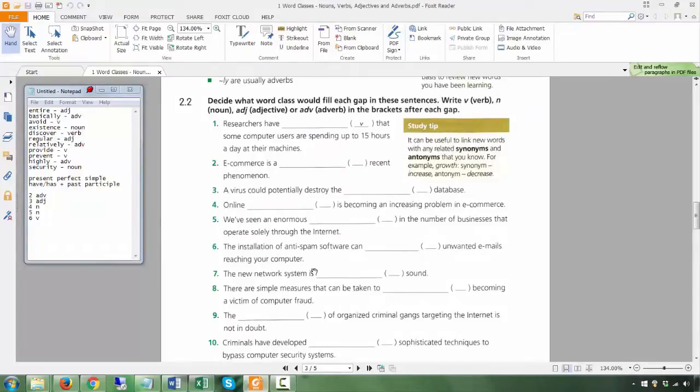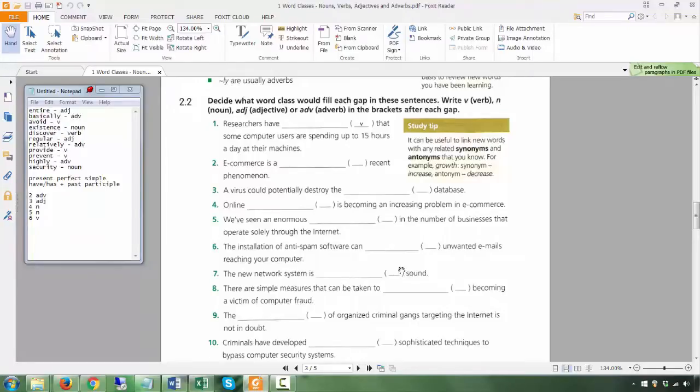The new network system, that's your subject, is. Now, what comes after a be verb? Normally an adjective, or a noun. You can't have an adverb coming after the be verb; that normally doesn't work. Now, does it make sense to use this as a noun?